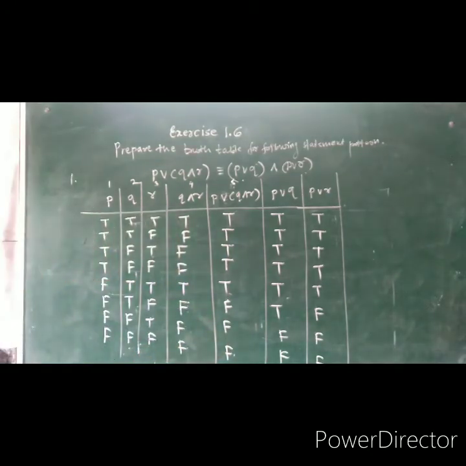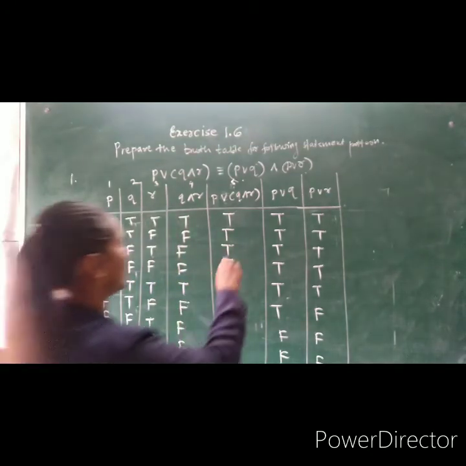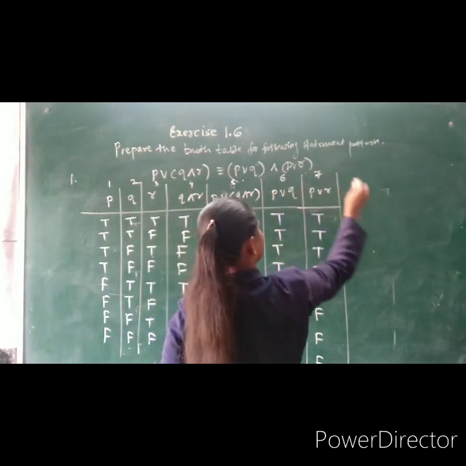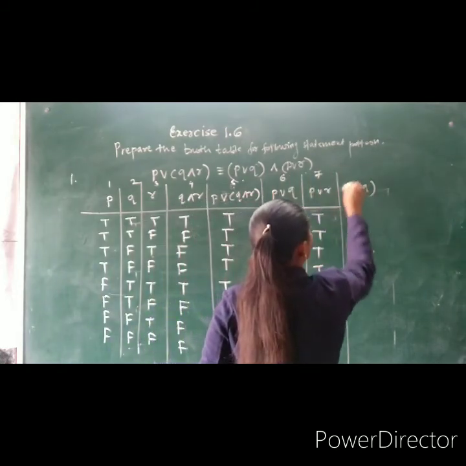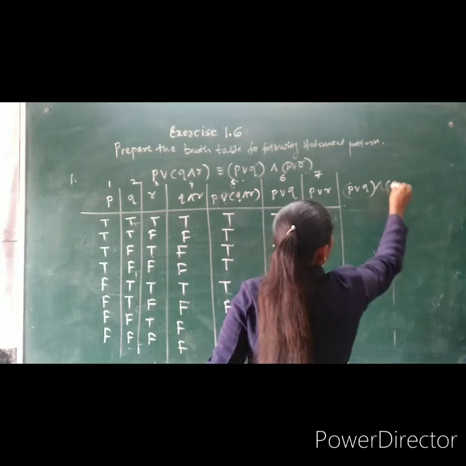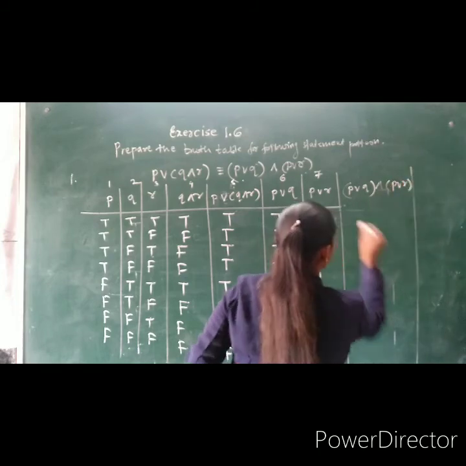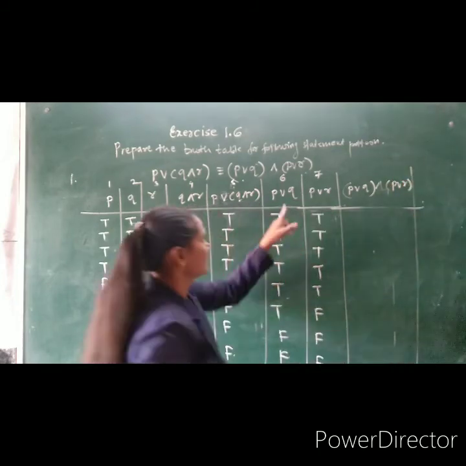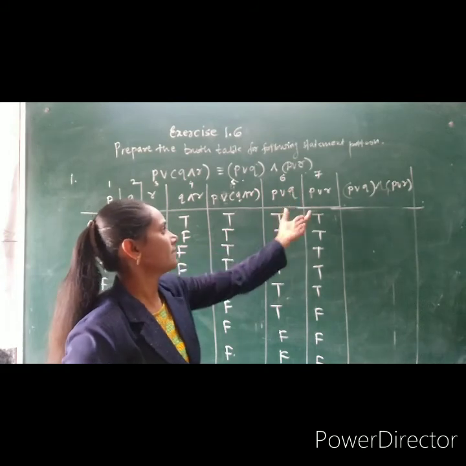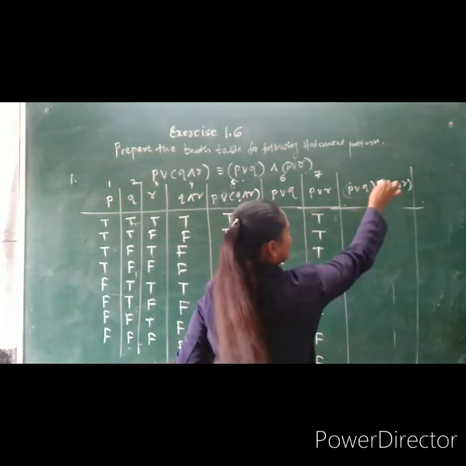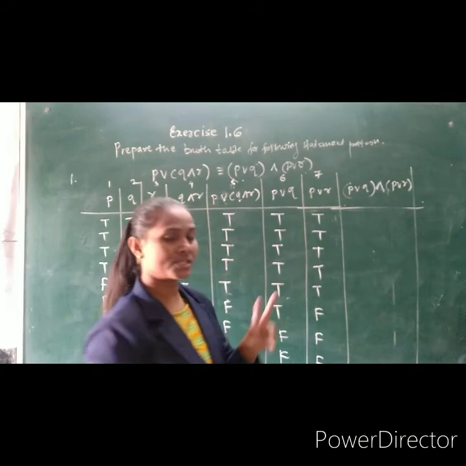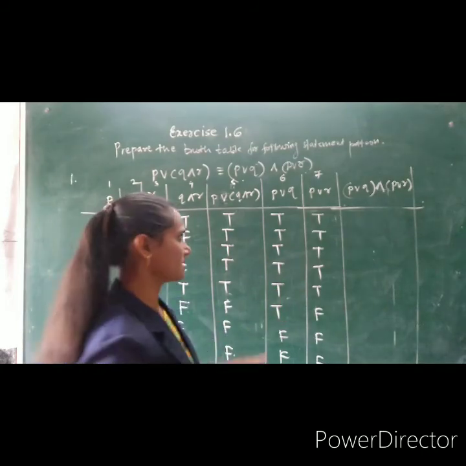Now we have to take AND between the last columns 6 and 7, that is (P or Q) and (P or R). In between these two columns 6 and 7 you have to take conjunction. So if both the statements are T, then it is T, otherwise it is false.